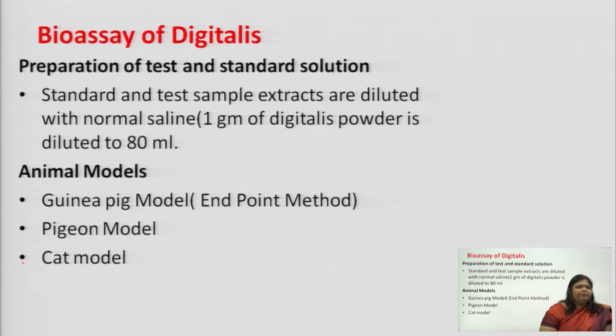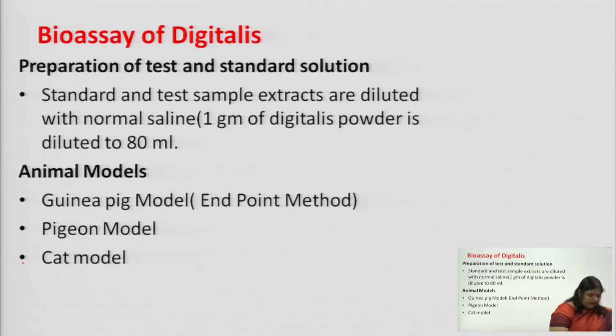Now, to carry out bioassay of digitalis, we use 3 methods here. One is the guinea pig model, the pigeon model and the cat model. This method uses the endpoint method, or what we talked about as the quantal bioassay method.